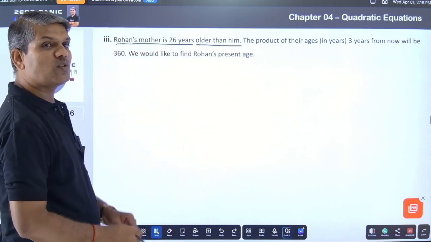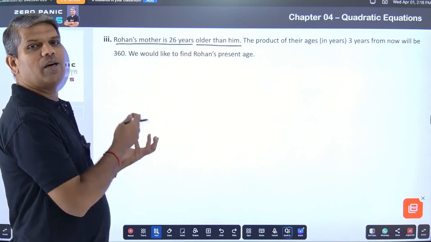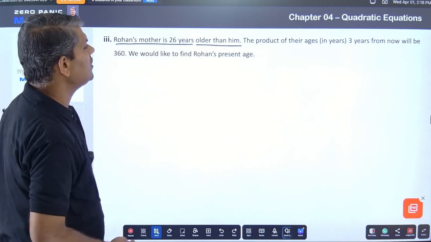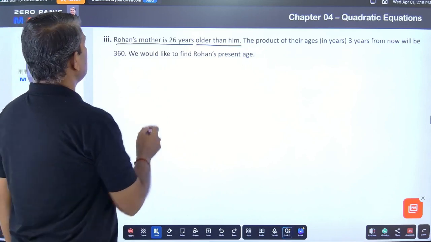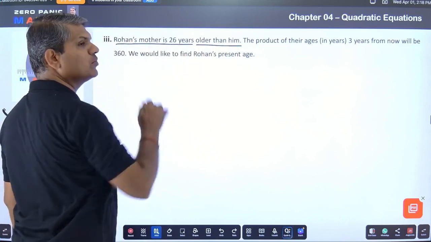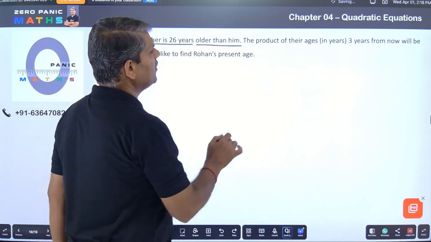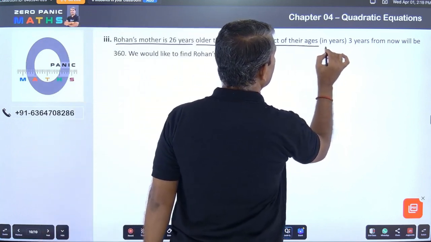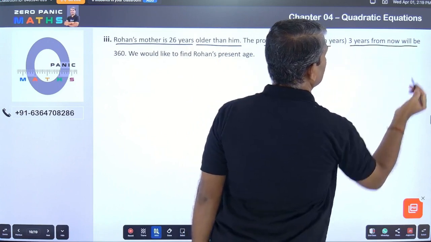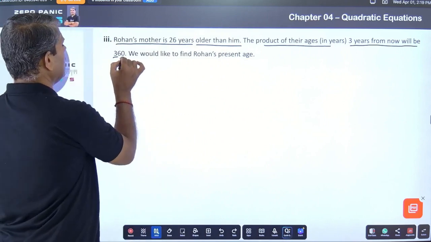Since we have seen such problems in the previous chapters, we can easily work this out. Rohan's mother is 26 years older than him, so we can consider Rohan's age as x. The product of their ages after 3 years, meaning 3 years from now, will be 360.